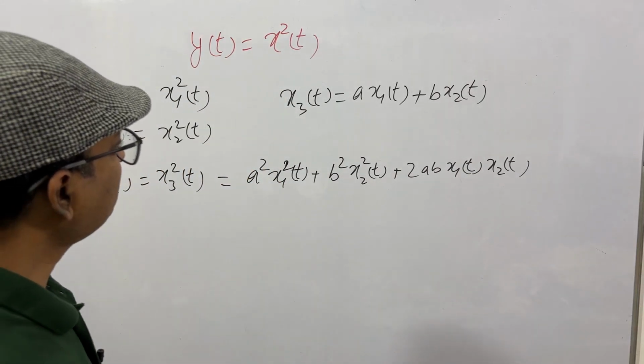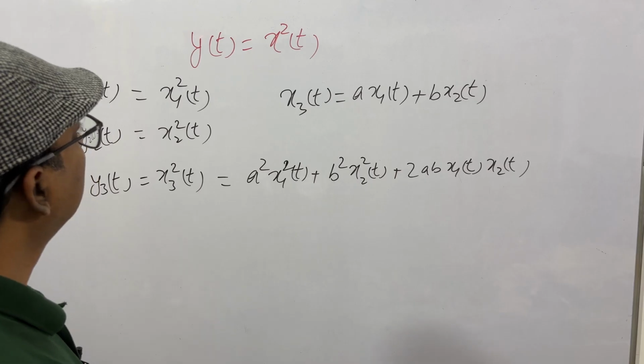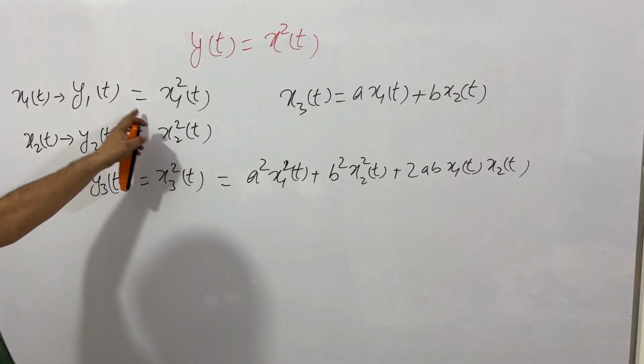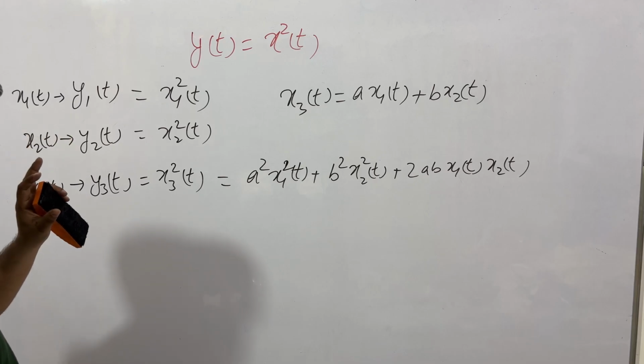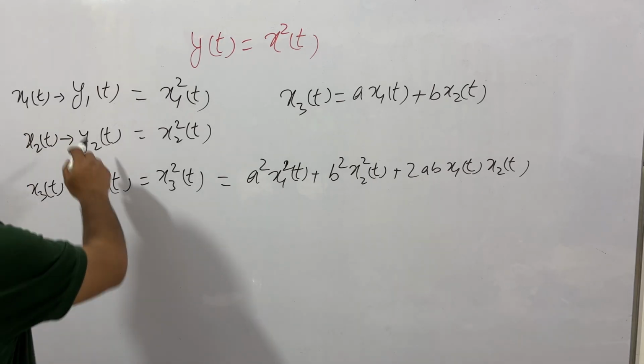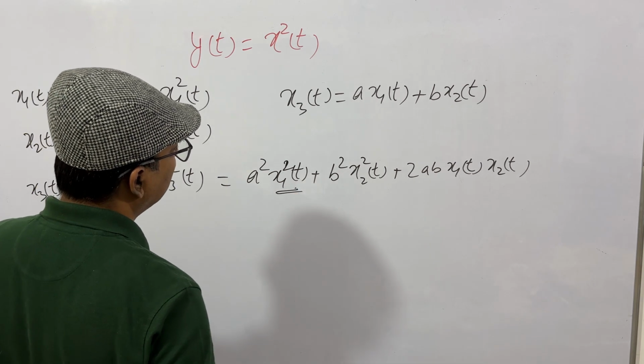See, is it same? If we had taken this value, what we should have got? We should have got a y1(t) plus b y2(t), but y1(t) is this. So, and what we are getting is this.